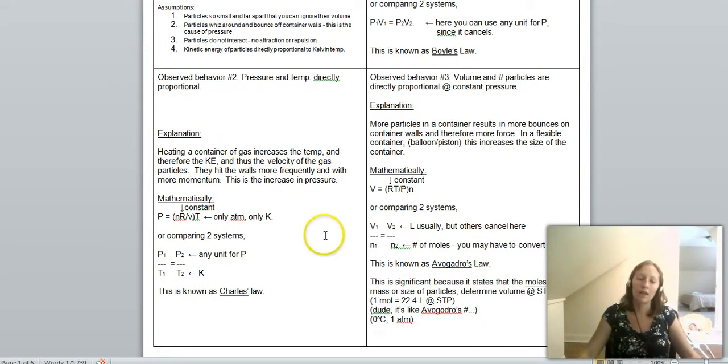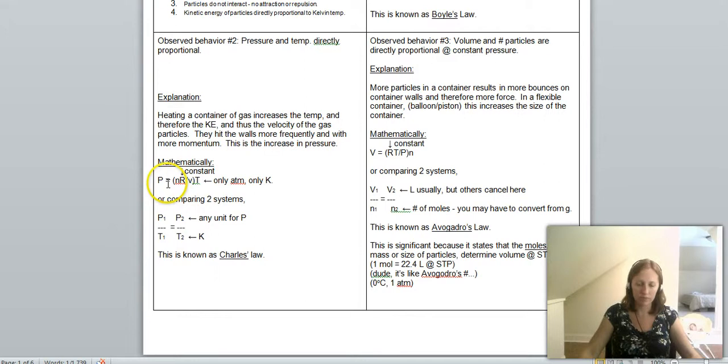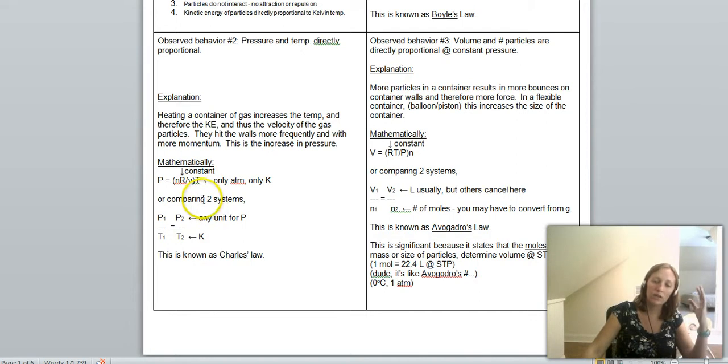And mathematically speaking, you've got PV equals nRT. Your R is still that constant that requires the atm, and the T requires kelvin because it's absolute. And when you're comparing a system that you've changed from one state to another, it's a single system, so the number of moles stays the same.